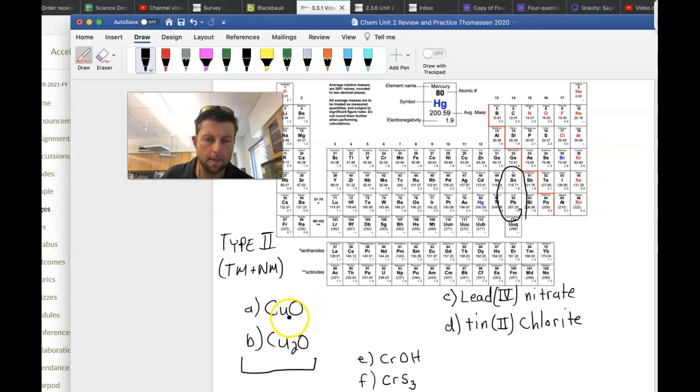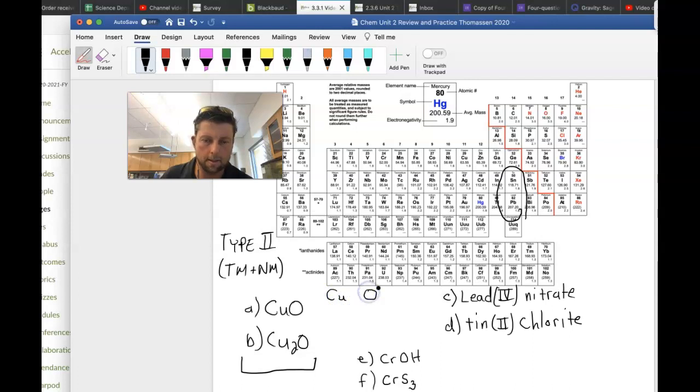So if we have a 1 here and a 1 here, that's one way of looking at it. But the whole key to this is knowing the charge of your anion. If you know the charge of your anion, then you're good. So for copper oxide, CuO, we don't know the charge on Cu, but we know there's one of them.